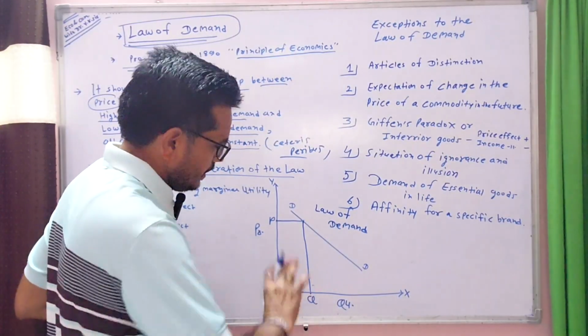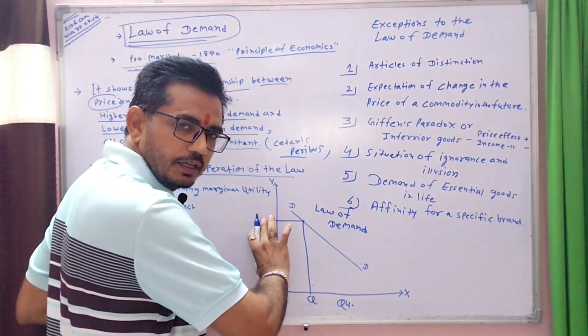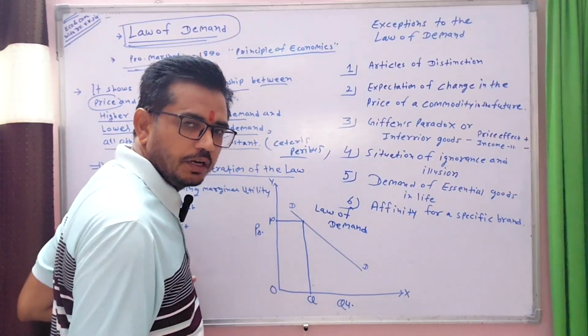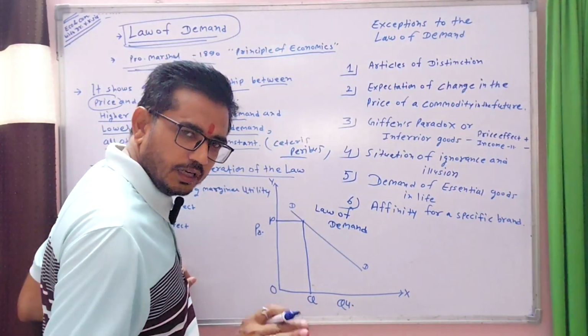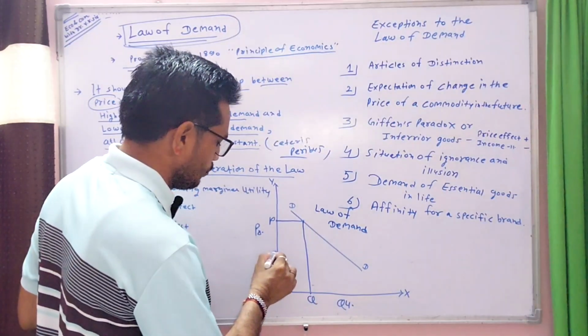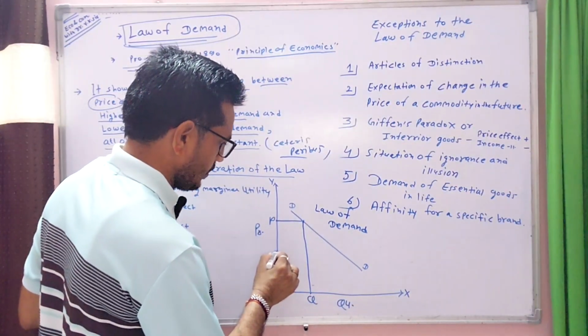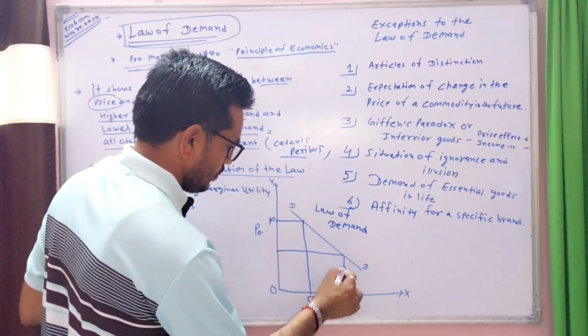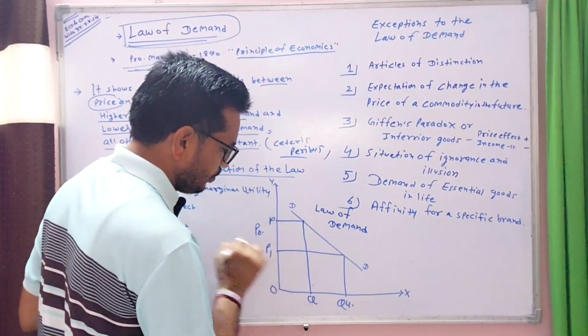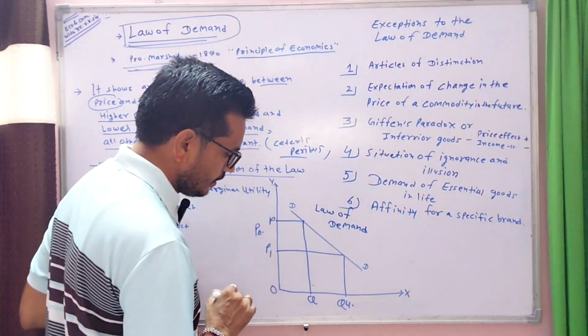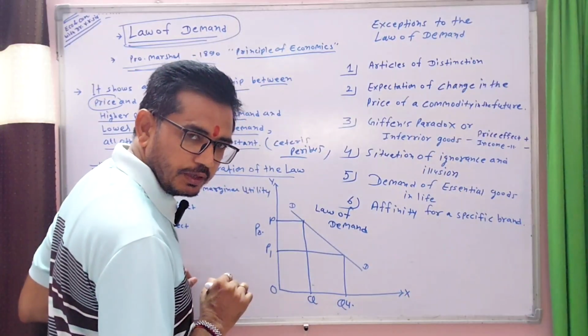Okay, price is high, then the quantity is low. If price decreases from OP to OP1, then what will happen?